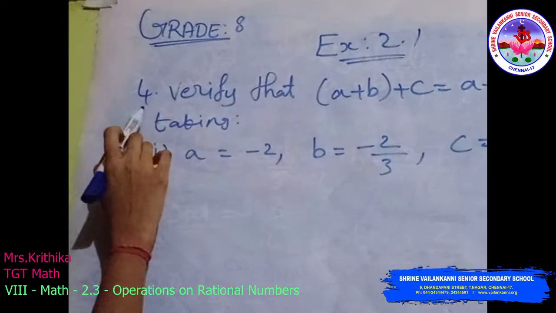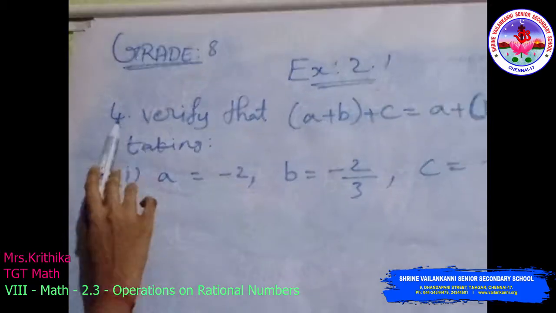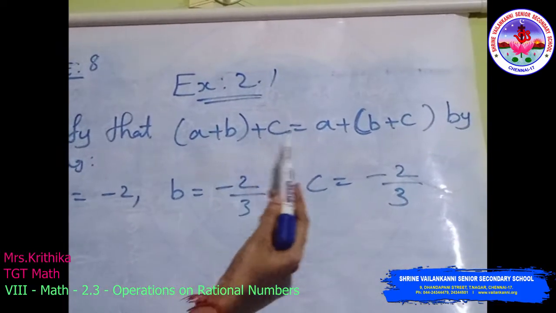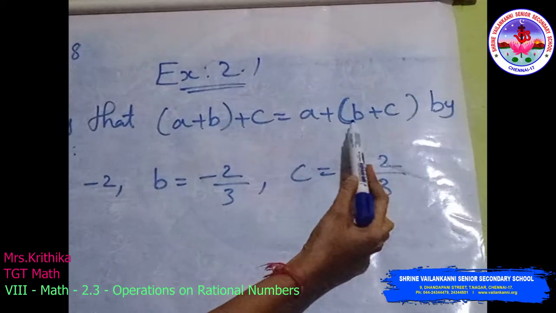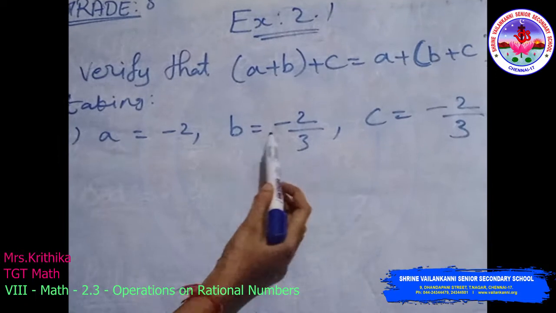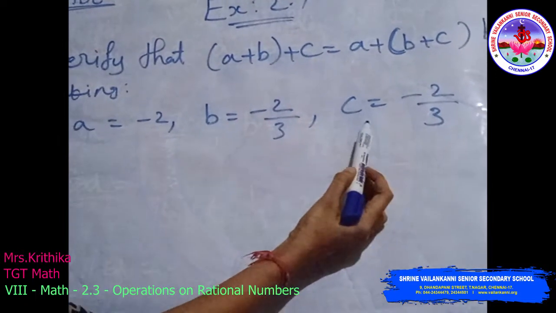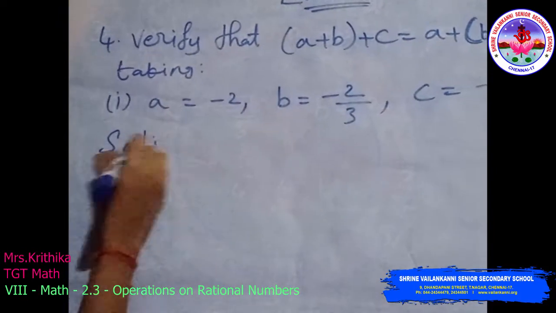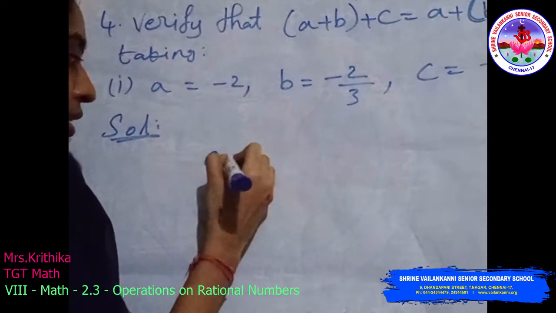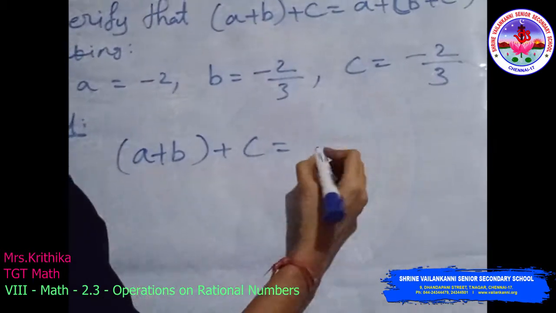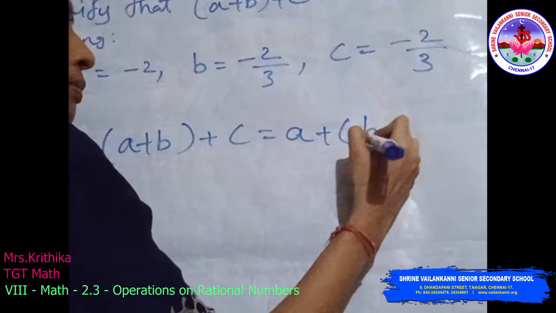Next fourth sum. Exercise 2.1. Fourth sum. Verify that a plus (b plus c) is equal to (a plus b) plus c by taking a is equal to -2, b is equal to -2/3, c is equal to -2/3. Solution. Verify that a plus (b plus c) is equal to (a plus b) plus c.